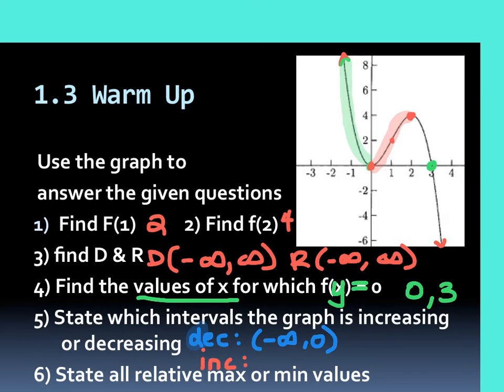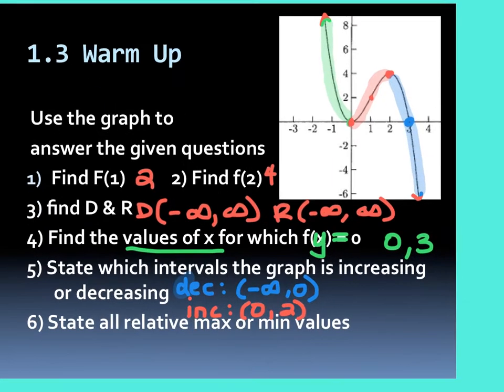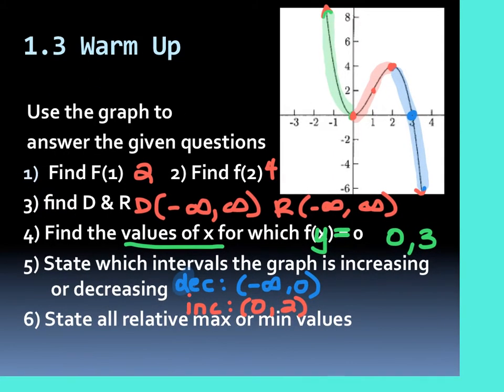Which is what to what? 0 to 2. Good. And then it changes direction again. And it's decreasing again, this time from 2 to positive infinity. Lillian? You can put the u in there. Like, I'm not going to mark it wrong if you don't give it to me, but you can put the u in there because it's both of those.